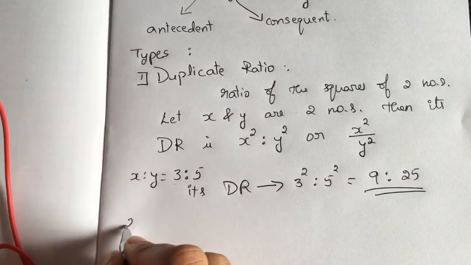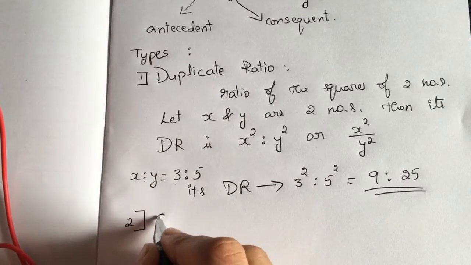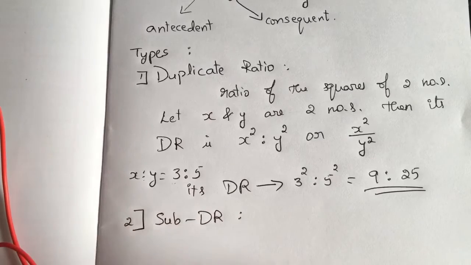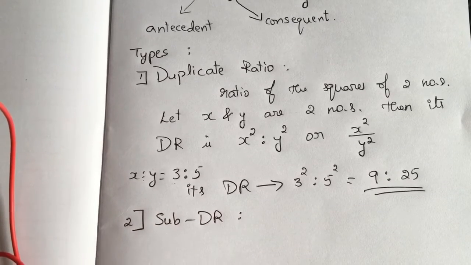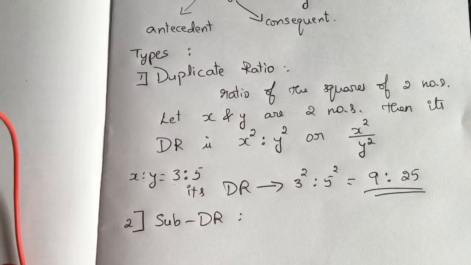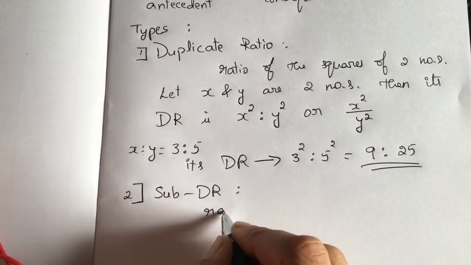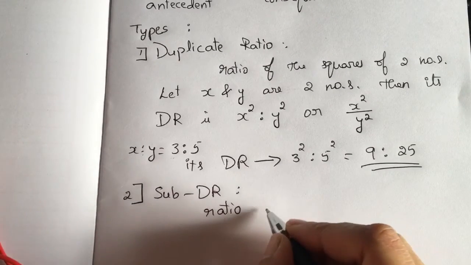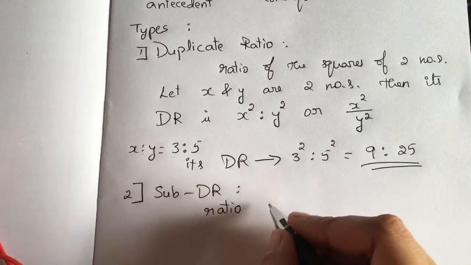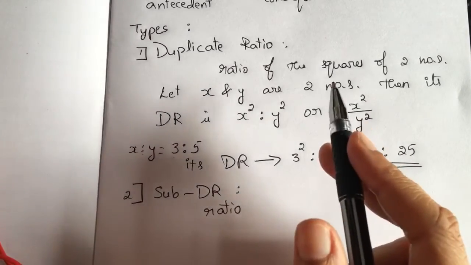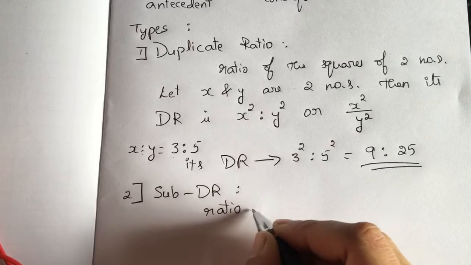Then the next type is subduplicate ratio. It's the ratio of square roots of two numbers. We have learned how to find square roots, so that helps in solving these problems.